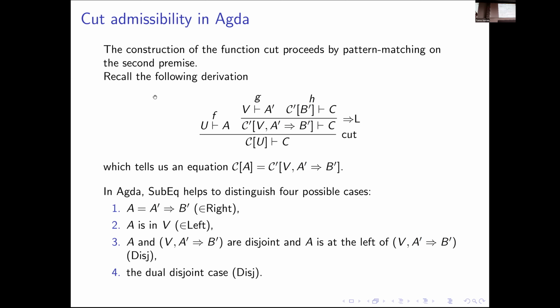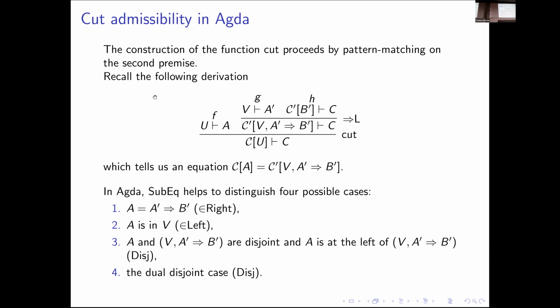Maybe you wonder, in the original definitions there are 7 cases, but here we are going to figure out the relative positions of A and this A prime equals B prime.